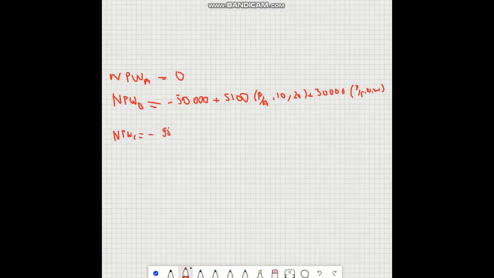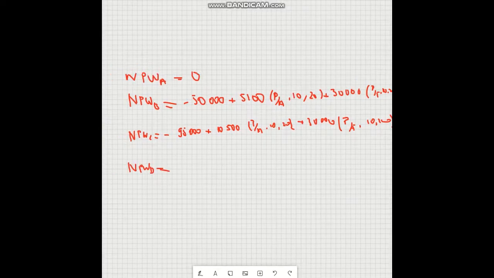Minus 95,000 for the initial cost, and he's going to get 10,500 every year. Again, P over A, 10%, 20 years, and again 30,000 for future value, P over F, 10%, 20 years.